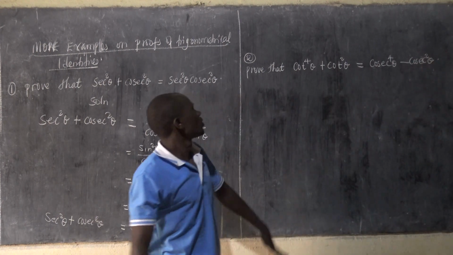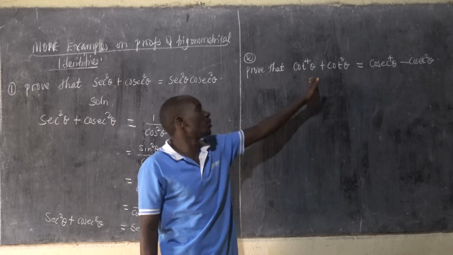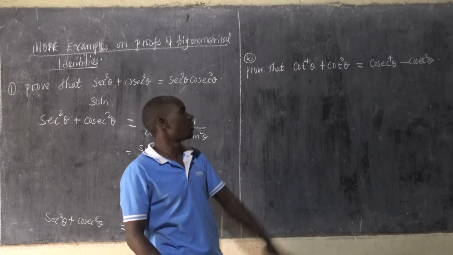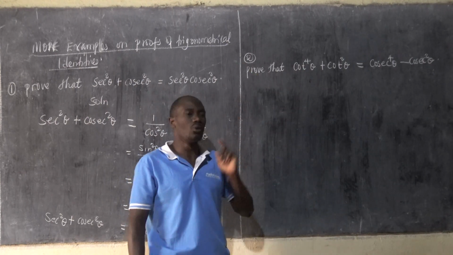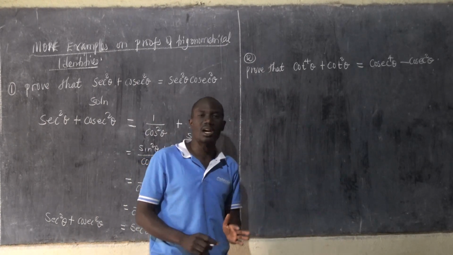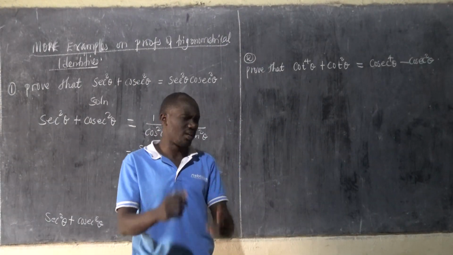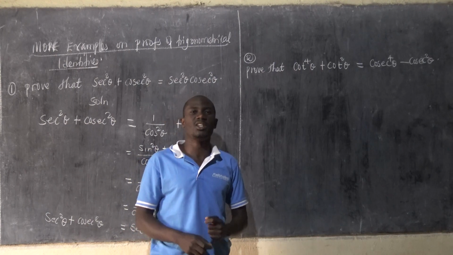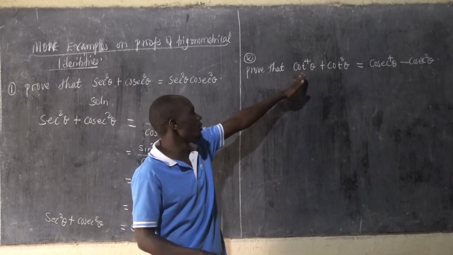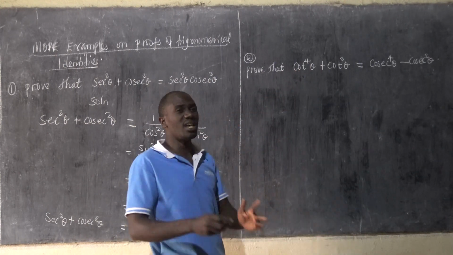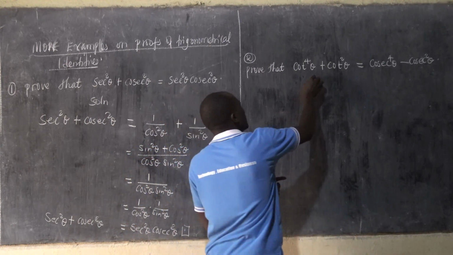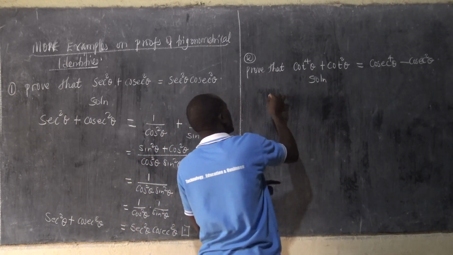So the left hand side contains cot power 4 theta plus cot squared theta, and the right hand side is cosec power 4 theta minus cosec squared theta. What do we do with such kind of a number? What we do here, we are going to consider the left hand side. We are moving to our solution.